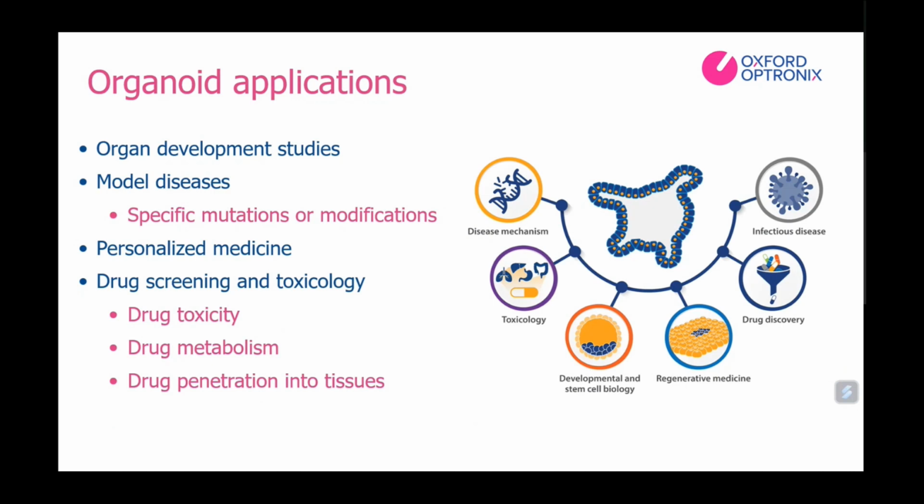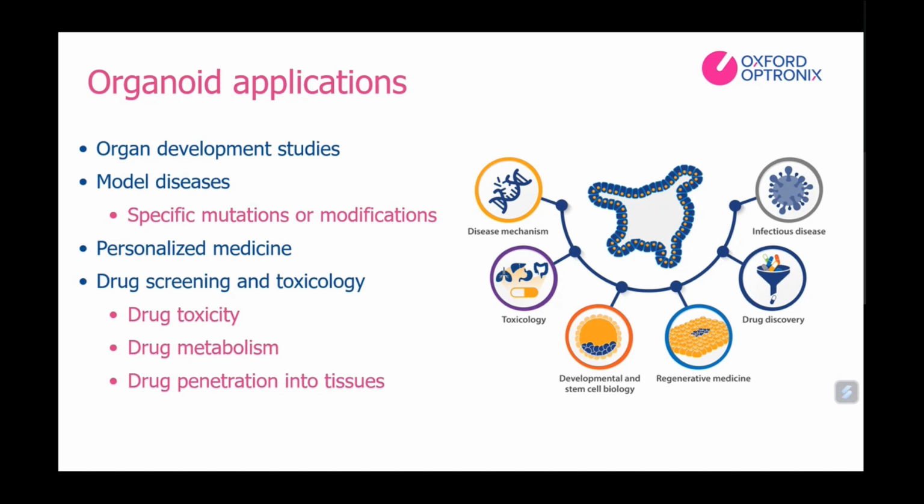Okay. So we have many different organoid application areas, and researchers can use organoids to investigate the molecular and cellular processes that occur during organ development, including cell fate determination, tissue patterning, and organ morphogenesis. Organoids can be used to model diseases such as cancer, neurodegenerative disorders, and genetic diseases, allowing researchers to study disease mechanisms and test potential therapeutic interventions.